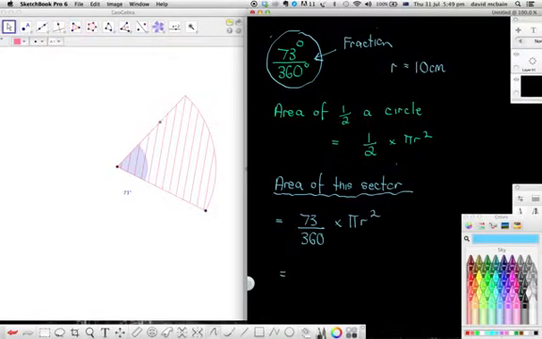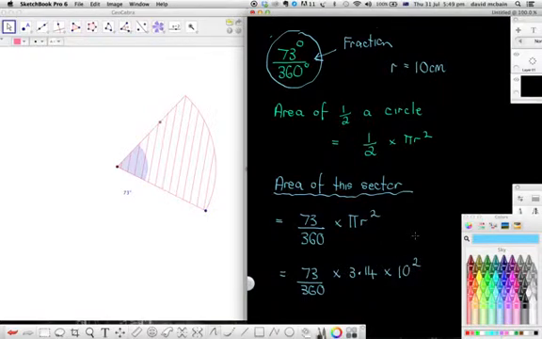And in this case, r is 10 centimetres. So the area of this sector with a radius of 10 centimetres will be 73 divided by 360 multiplied by 3.14 multiplied by the radius squared, which is 10 squared.